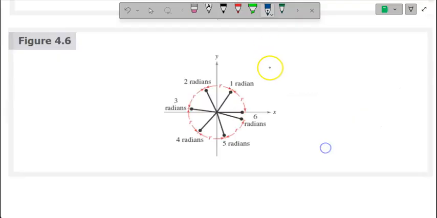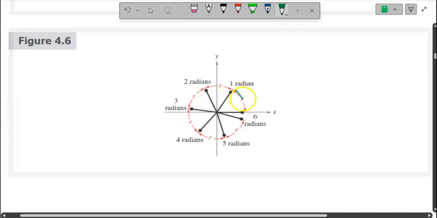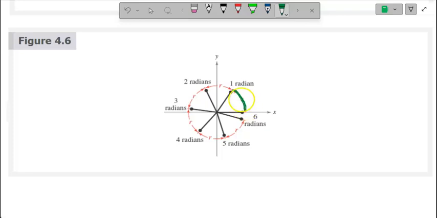All right, so this is an illustration of a radian. What you need to keep in consideration is that the radius here is r, and this is the arc length, not the distance.